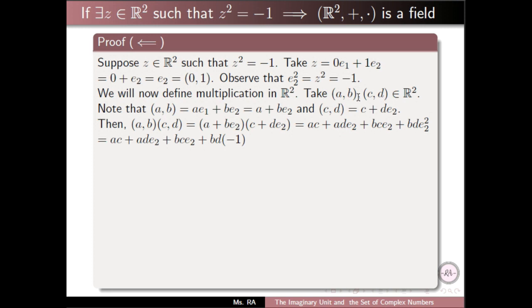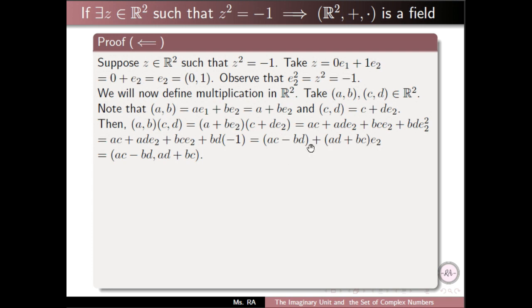Simplifying, we have the following, and then combining the like terms, so we have AC minus BD. So we have this expression, and then combining these two and extracting out the e sub 2, we have the following.